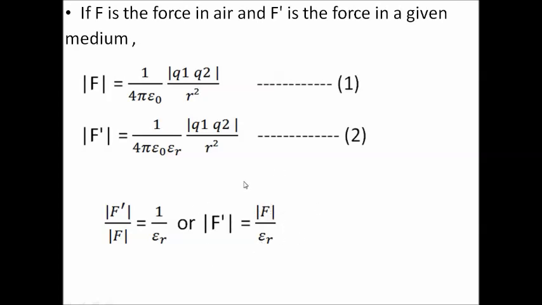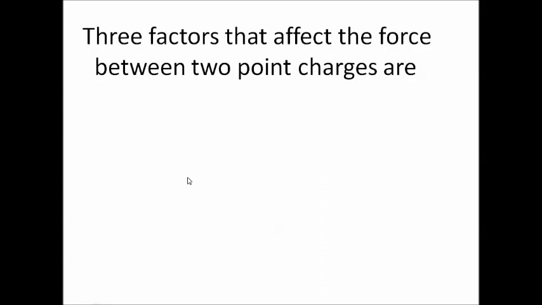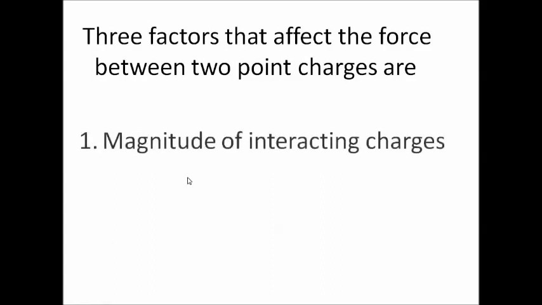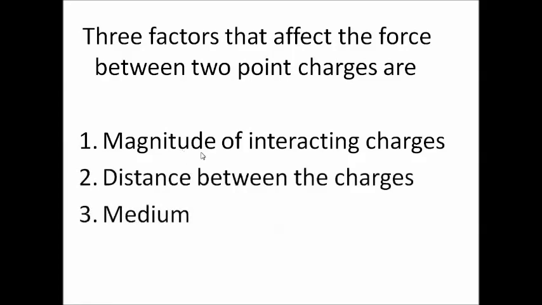Now this is an important formula. This you can use while doing simple problems. So mainly three factors are affecting the force acting between two point charges. They are the magnitude of interacting charges, the distance between the charges, and the medium. When the magnitude of interacting charges increases, the force will increase. When the distance between the charges increases, the force will decrease.